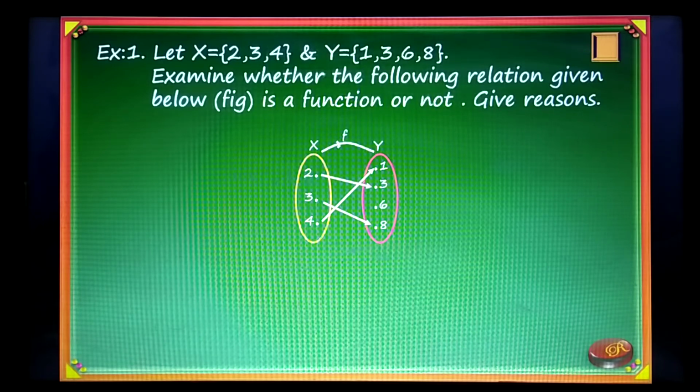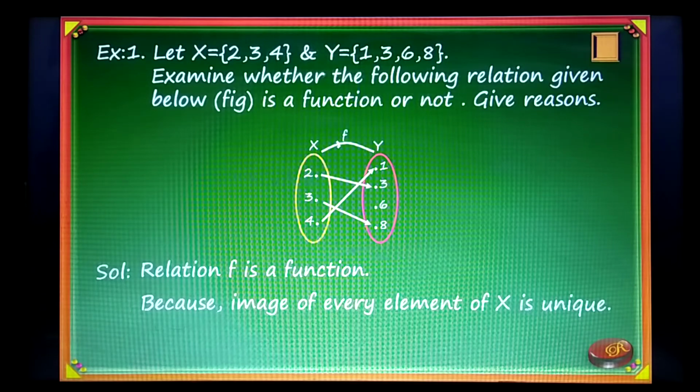Solution. Given relation is a function because image of every element of X is unique. That is, f(2) = 3, f(3) = 8 and f(4) = 1.